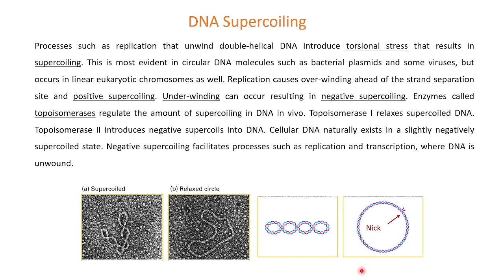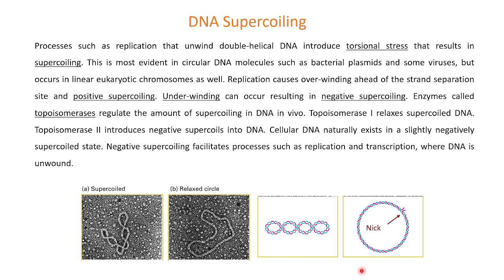In replication the overwinding happens ahead of the strand separation site, giving positive supercoiling. Underwinding also occurs, resulting in negative supercoiling. So these are the different directions in which the coiling is occurring.